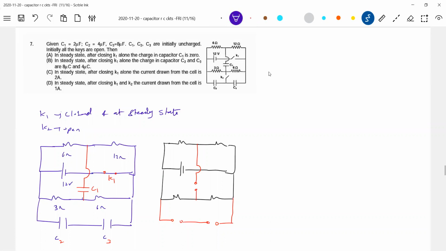So this will be C1, C2, C3. So this 12 volt is parallel. So this will be 18, 12 by 8, 1.5 ampere here. Nine ohm, so 12 by 3, 4 by 3 ampere here. And that will combine here.